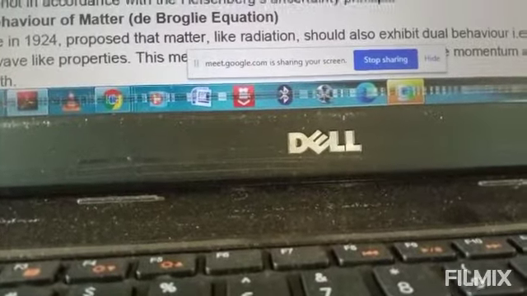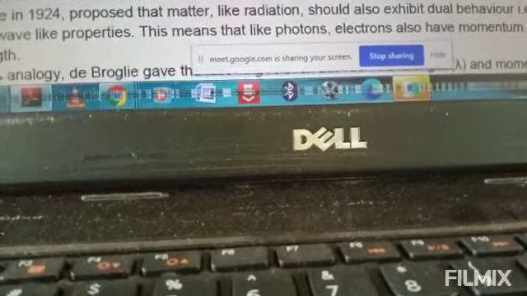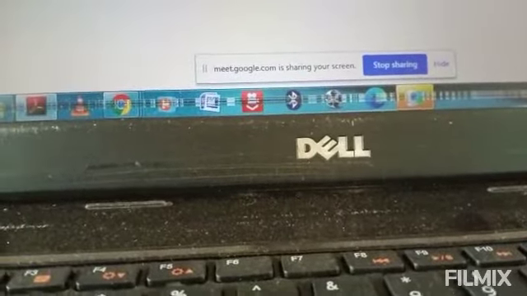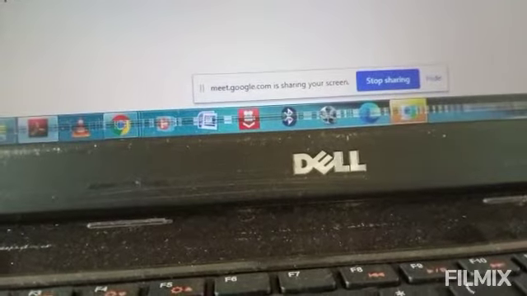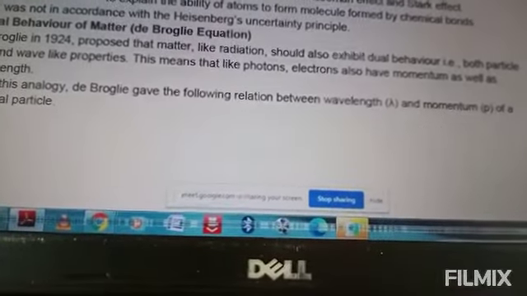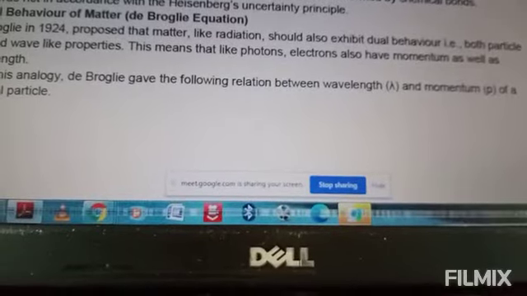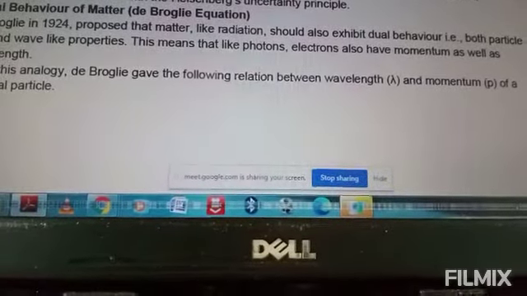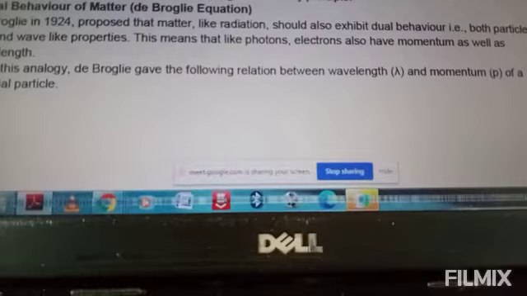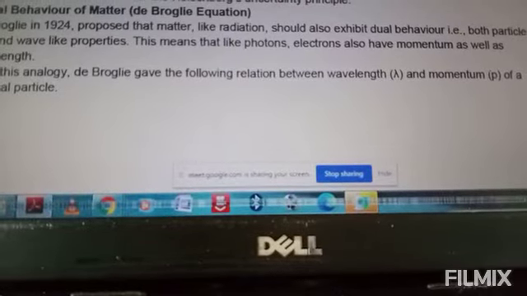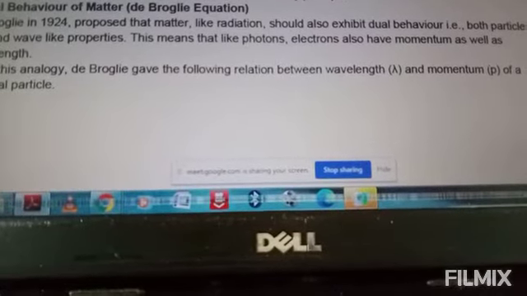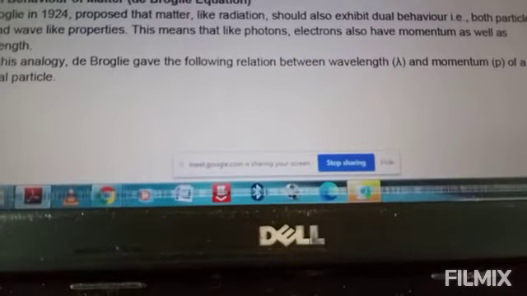De Broglie is the scientist who studied this dual behavior of matter. According to de Broglie, in the year 1924, he proposed that matter should exhibit dual behavior, that is particle as well as wave-like properties. This means that like photons, electrons also have momentum as well as wavelength.